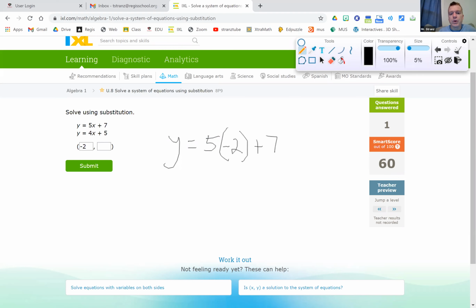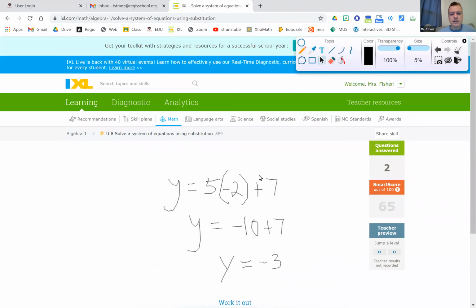So y equals 5 times negative 2, which is negative 10, plus 7. y equals negative 3. So now I can put negative 3 in here, and now it tells me the points.